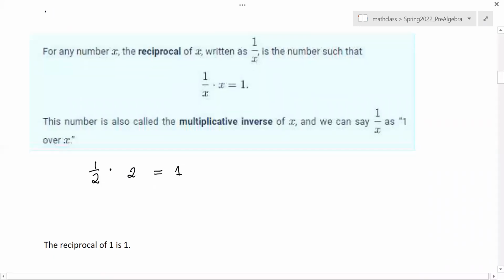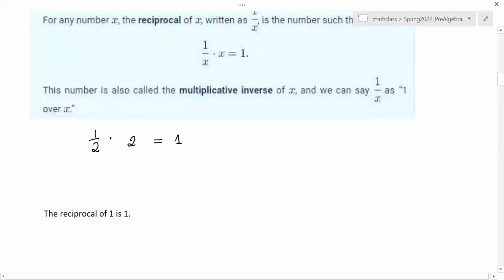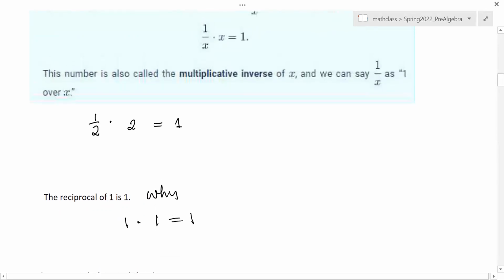The reciprocal of 1 is 1. Why? It's trivial, because 1 times 1 is 1. That's why 1 over 1 should be equal to 1. Because 1 over 1 times 1 is 1.